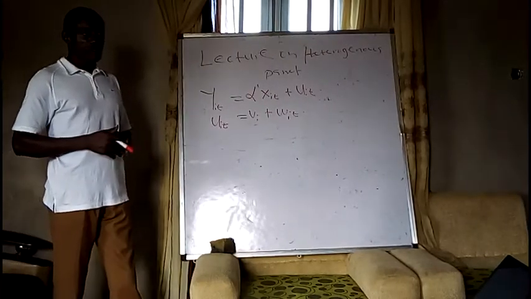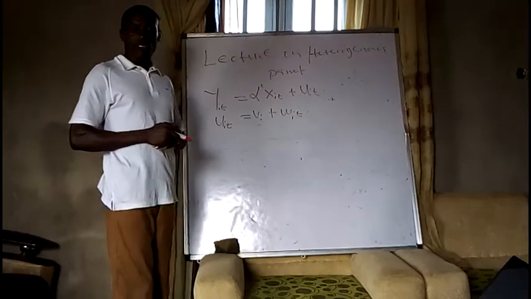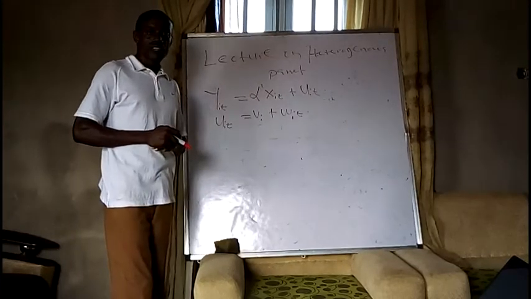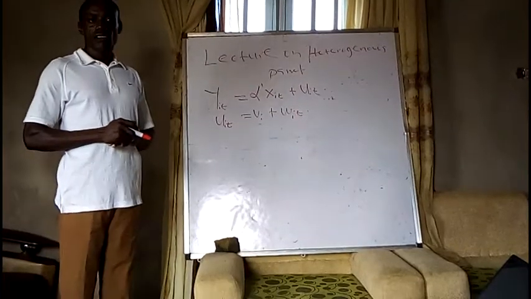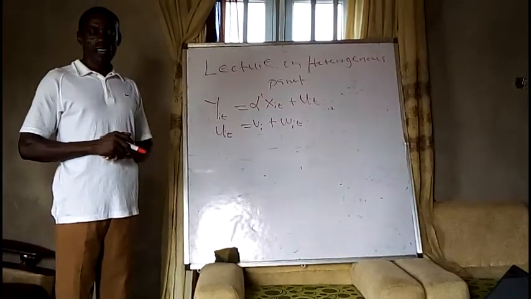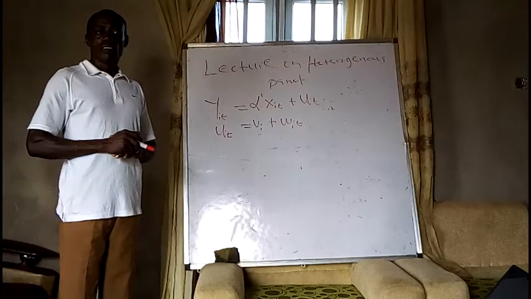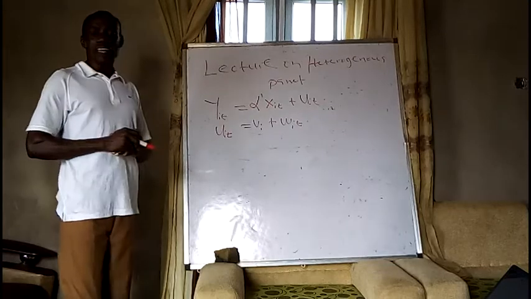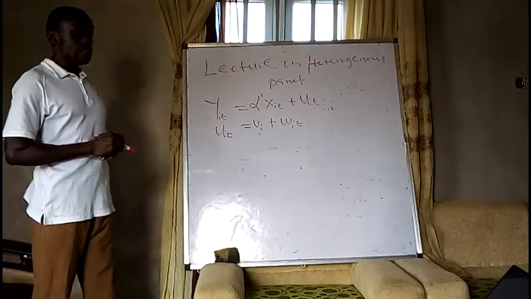Then the second assumption says that the heterogeneity or the specific error is not constant across entity, and so therefore it needs to be eliminated before the model can be estimated.